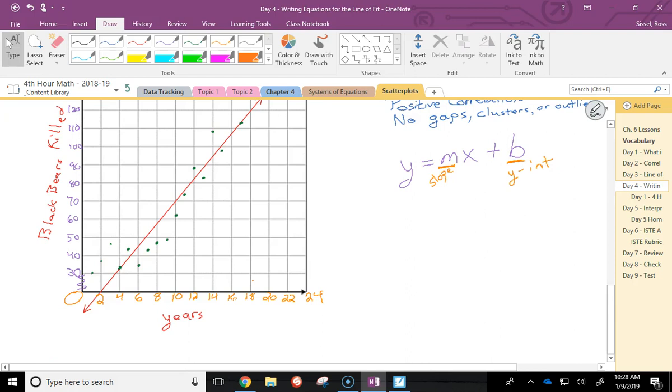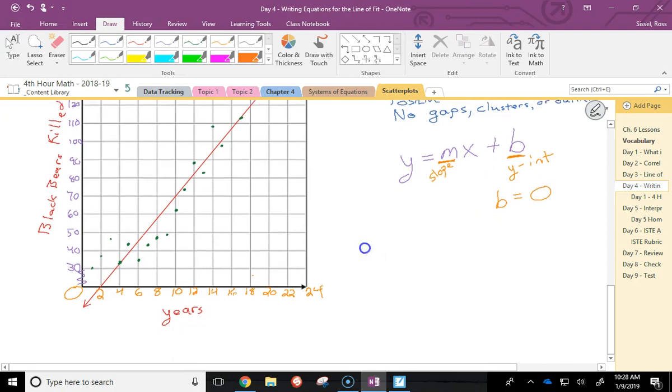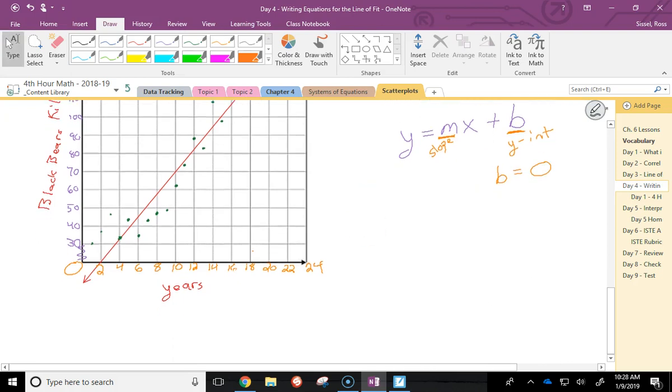We're going to have our y-intercept be 0. We can know that. I'm going to go right here and say our b is going to equal 0. And it kind of makes sense. If you look at my line, it kind of looks like where it's going to cross. It would have crossed right here at 0 because this is squished down. If this would have been up, it probably would have been.